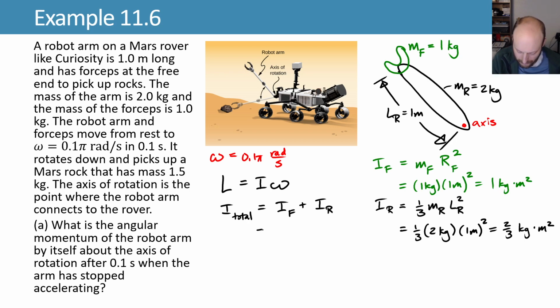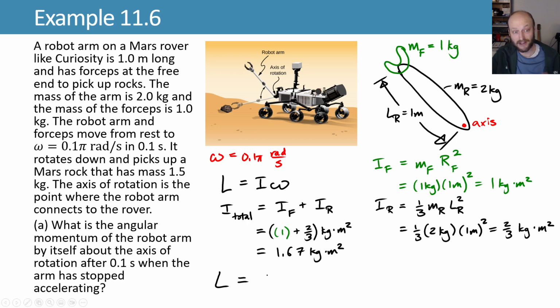We'll add those together, and we get 1 plus 2/3 with units of kilogram meter squared, for a total of 1.67, or 1.666 repeating, kilogram meter squared, which we can then plug into our moment of inertia.